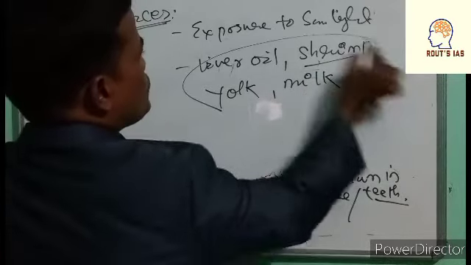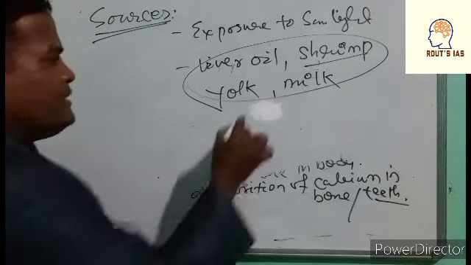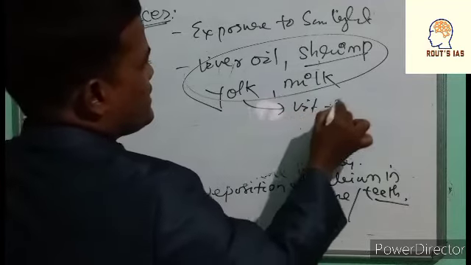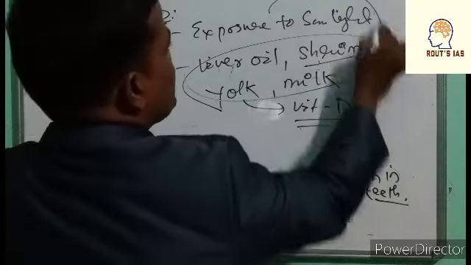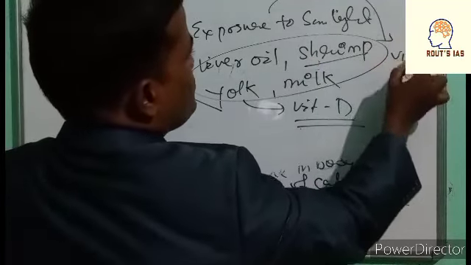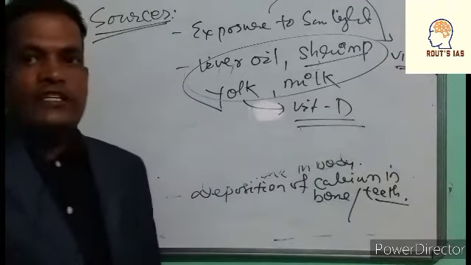So these are the food sources from which you get vitamin D, that is calciferol, and sunlight is also a source of vitamin D.